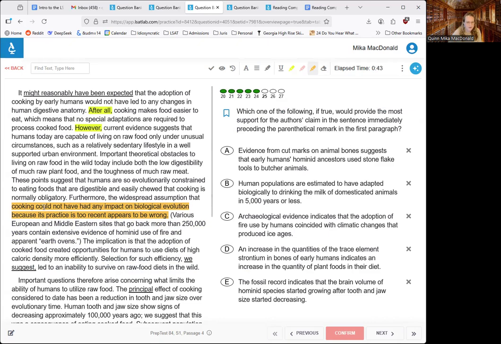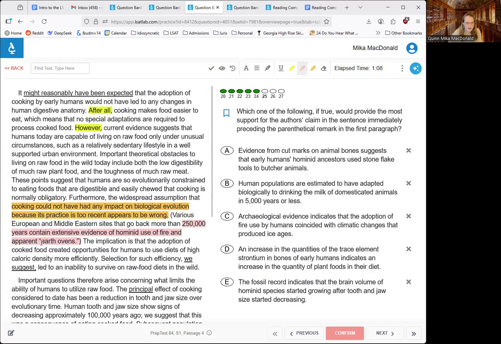So I note that this is too recent, could not have any impact on biological evolution because it is too recent. If I look at this parenthetical, it definitely hits the recency idea hard, right? The author is very clearly showing that cooking is not that recent, right? We have evidence of up to 250,000 years ago.